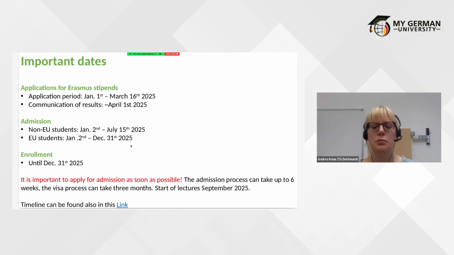As I said, the admission process can take up to 6 weeks, and the visa process can take 3 to 4 months, depending on the country that you're in. Sometimes it's very fast, sometimes it takes a long time. But the lecture starts September 2025. So 1st of September, basically, you should be then in Clermont-Ferrand. And if you're more interested in the timeline, I will put this link in the chat box after my presentation.